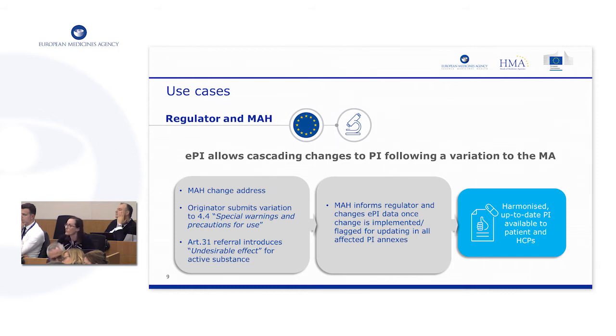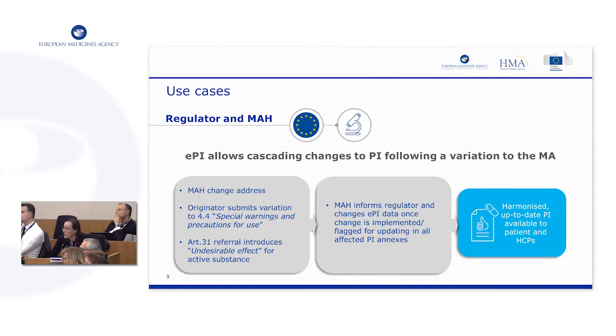From the point of view of the regulator and the companies, there are efficiencies to be gained in the regulatory process. I have some examples here, but I think there are additional efficiencies along the same lines. Examples include administrative changes to the product information, such as a transfer of a marketing authorization or changing the address of a marketing authorization holder.